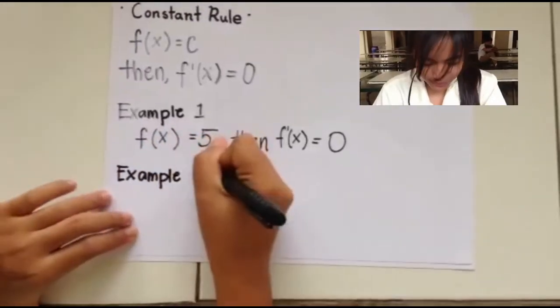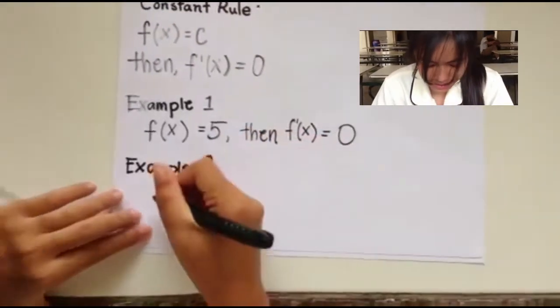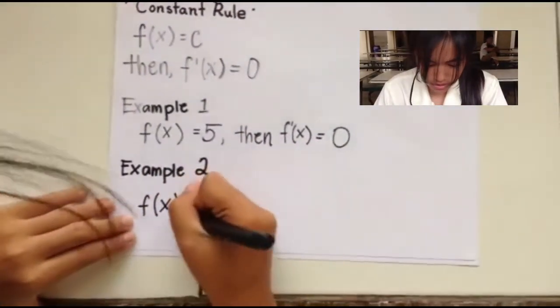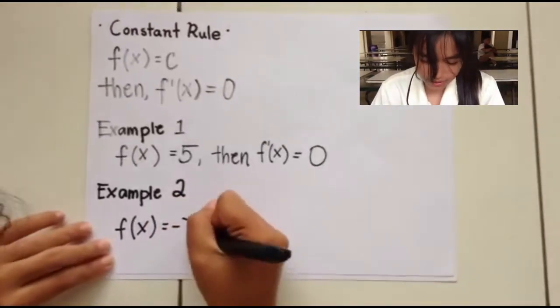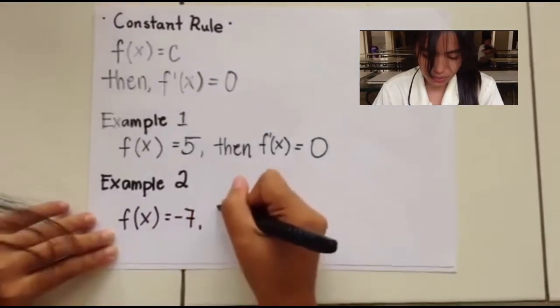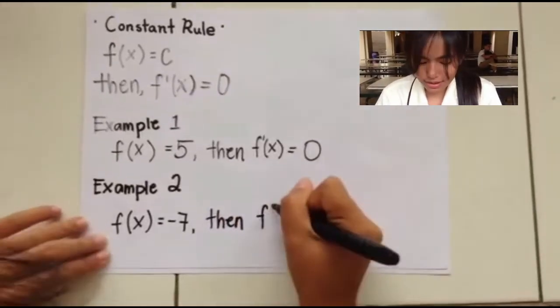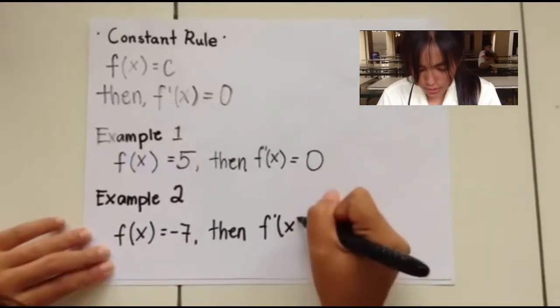Example number 2. It doesn't matter if your constant number is negative, so it will be 0. So any number alone in a derivative is equal to 0. F of x is equal to negative 7, then f prime of x is equal to 0.